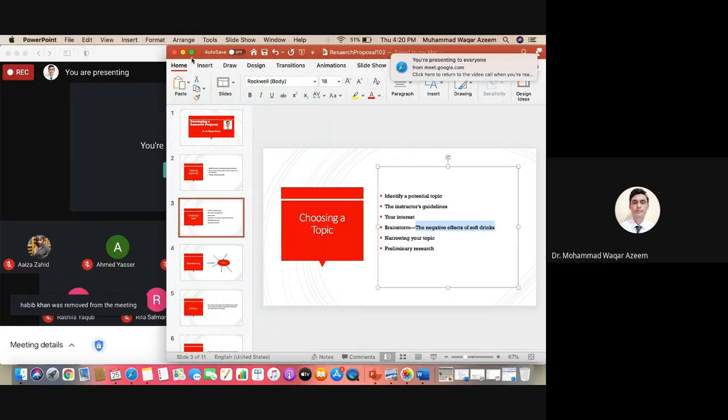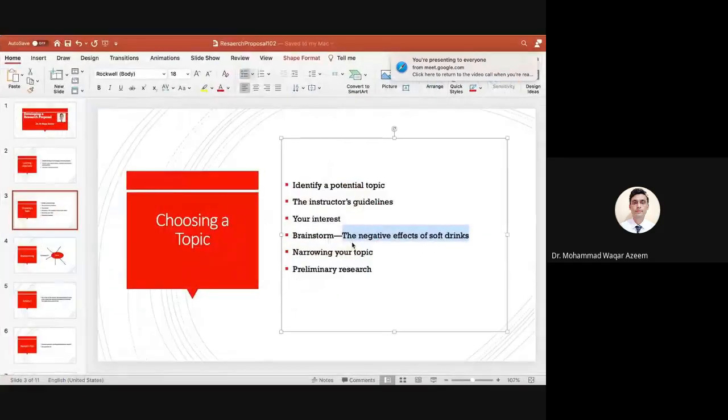Let me explain to you why it is not researchable. This topic is not researchable because this topic is too broad. In what sense is it too broad? It is too broad in two senses.